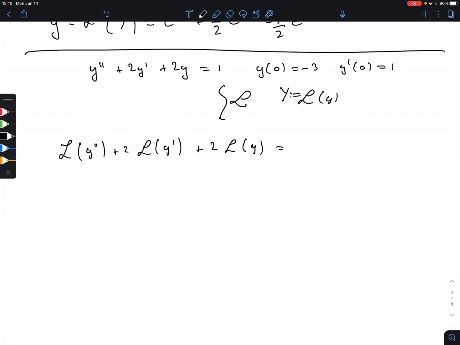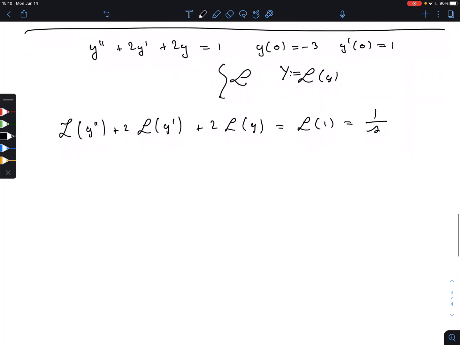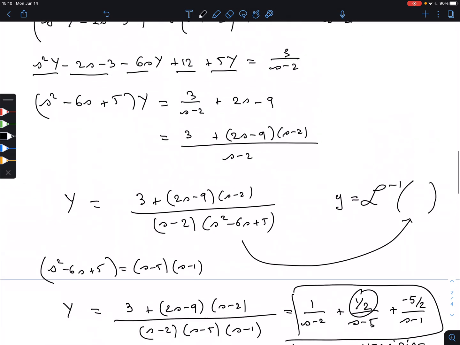Okay, now what is the Laplace transform of 1? That is 1 over s. Okay, that is just straightforward. Now this one, from the formula, this is s squared Y minus s times y(0), which is negative 3, so plus 3s minus 1. So remember, this is here, the formula, right?